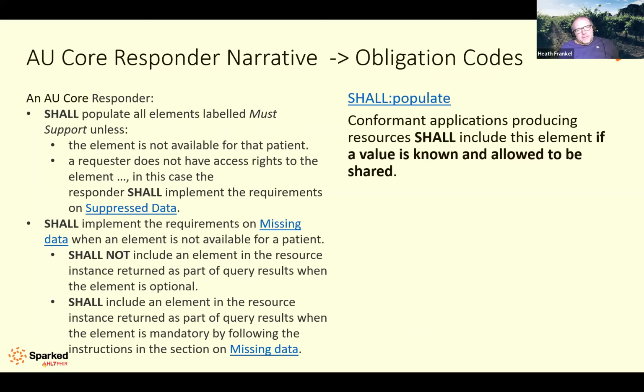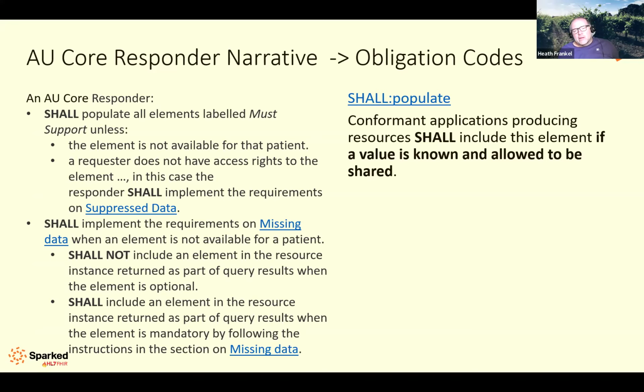So flipping back to the responder, and hopefully this is less contentious because I think Angus described it very nicely, we've got a couple of dot points on the left-hand side. The top one is our standard one, which is basically saying that a responder must populate an element unless the element is not available or has been suppressed.